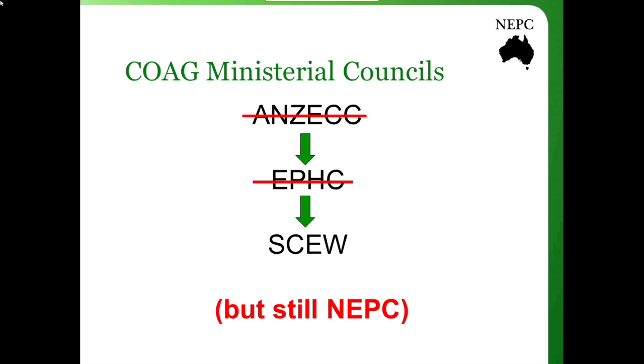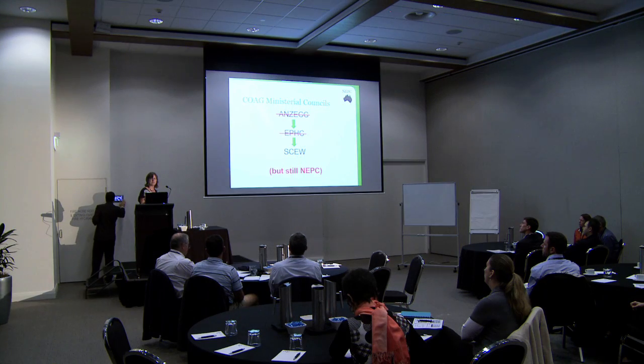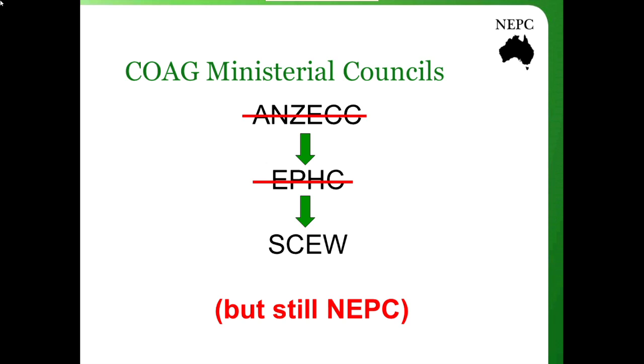Some of the guidelines that we refer to include ANZECC, EPHC, the precursor to SCEW, the Environment Protection and Heritage Council. These no longer exist. It's now only SCEW. However, NEPC still exists, and the ministers, when they agreed to the amendment, sat as NEPC.